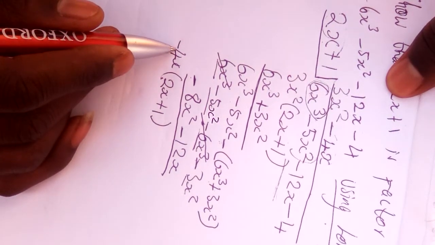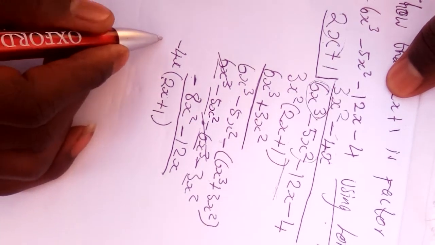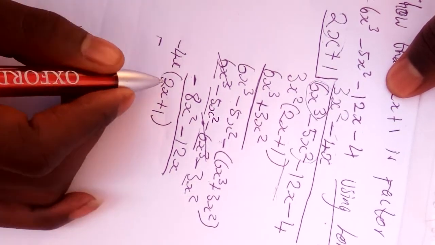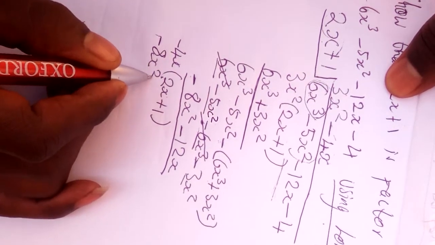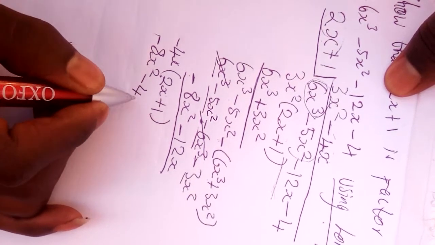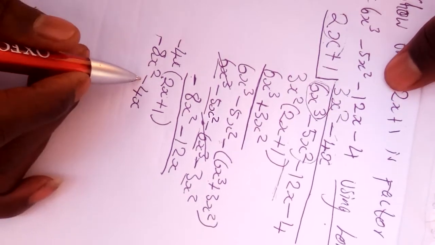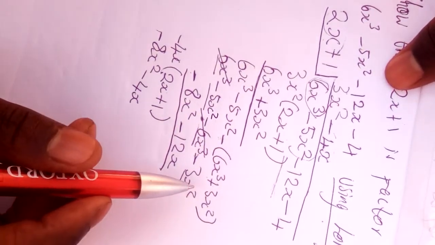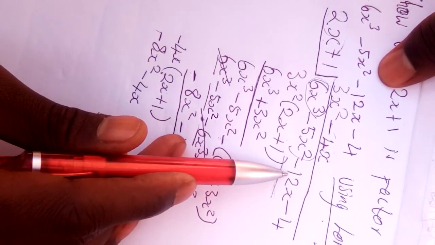So negative 4x multiplied by 2x is going to be negative. We're going to have negative 8 multiplied by 2 is 8. It's 8x squared, it's negative 8x squared minus 4x. So when we check this number, it's the same as this number here.